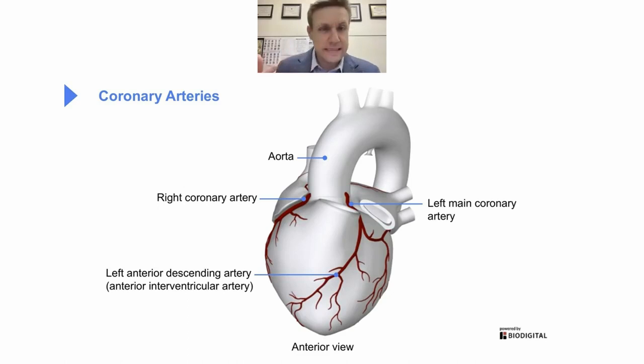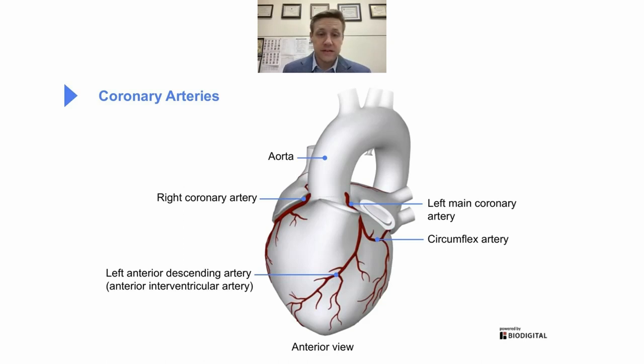You'll hear LAD, or left anterior descending. Both mean the same thing, but clinically, you're really going to hear it as LAD. And again, it's going to give rise to a lot of branches. As you can see, a lot of these go and supply the left ventricle, making it a very important coronary artery.